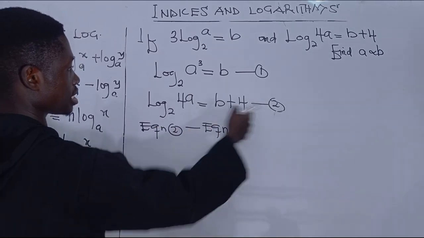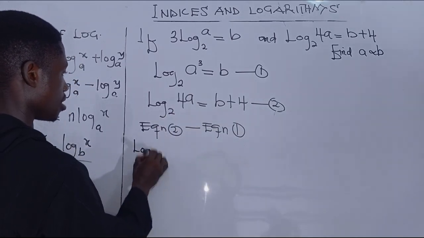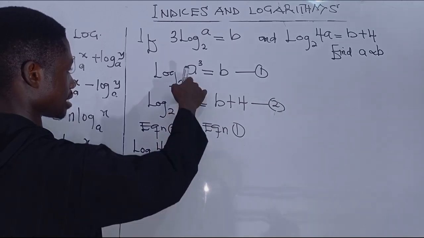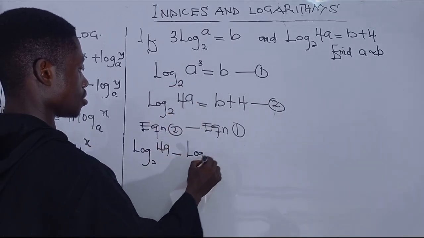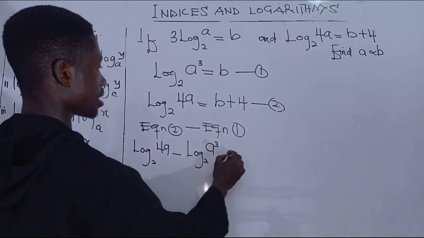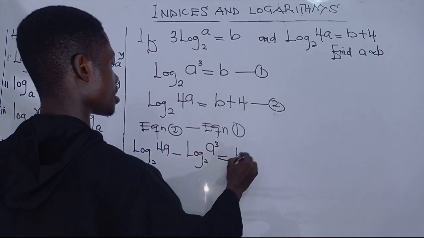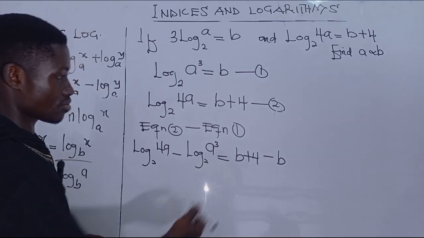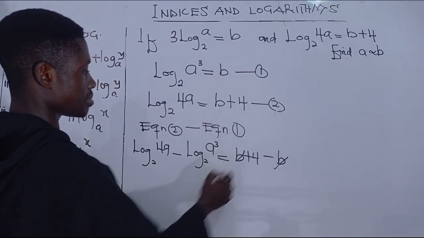So we have equation 2, log of 4a to the base of 2 minus log to the base of 2 of a raised to the power 3, and then we have b plus 4 minus what? b. So from here you can see that this b can cancel this b.